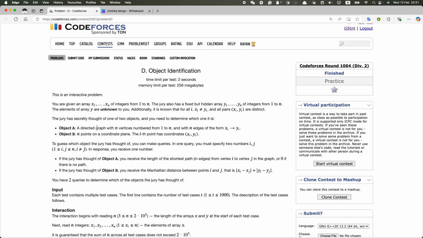And there are two objects. The first object is a directed graph with n vertices, with an edge of the form xi to yi.